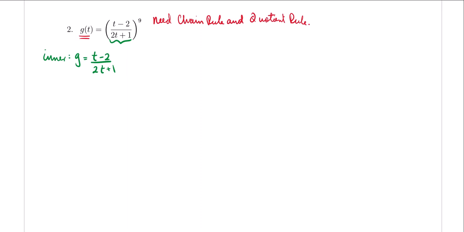I decided to not include the t here just to hopefully differentiate it a little bit more, but these ones here are not the same. It's just the way that I'm labeling them here. Now, if the inner function was t minus 2 over 2t plus 1, then the outer function is just going to be f equals t to the 9th.